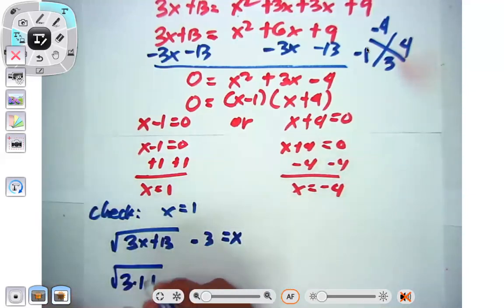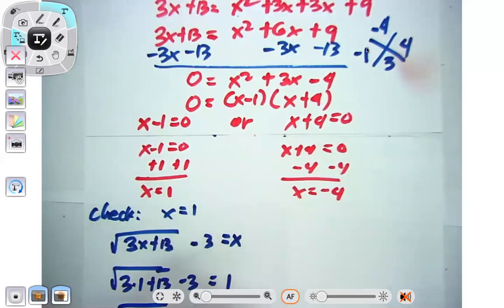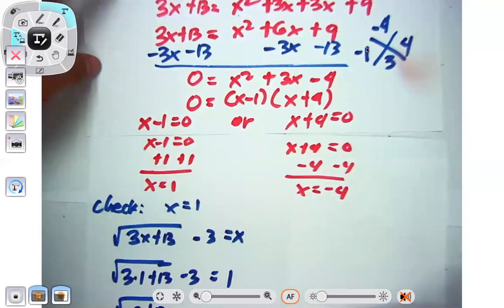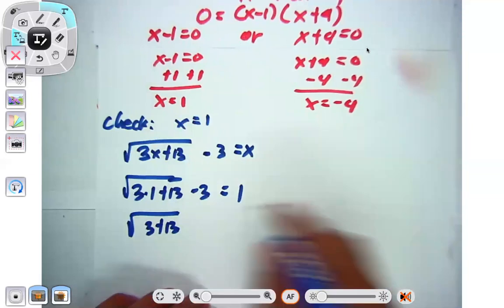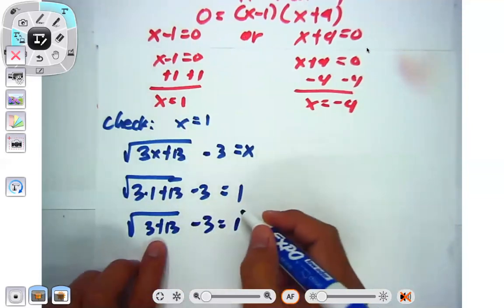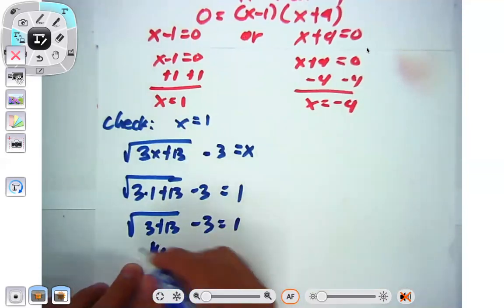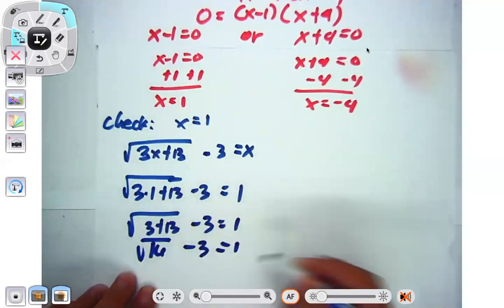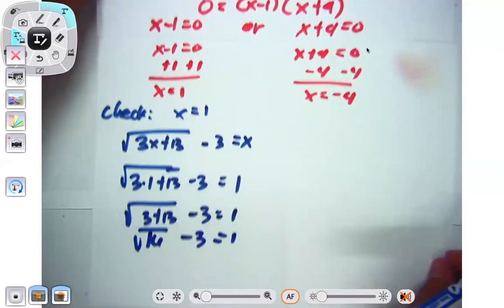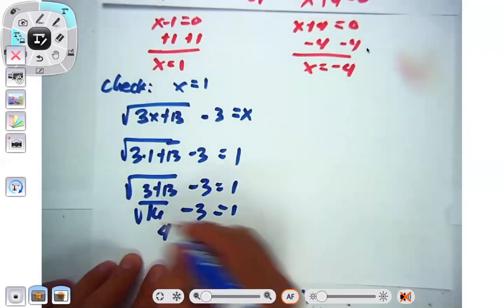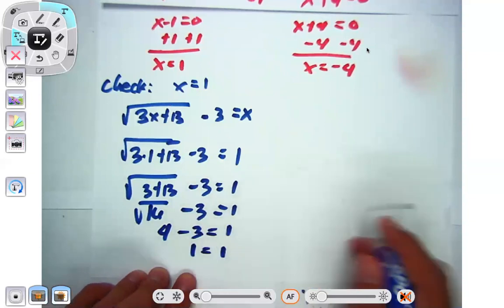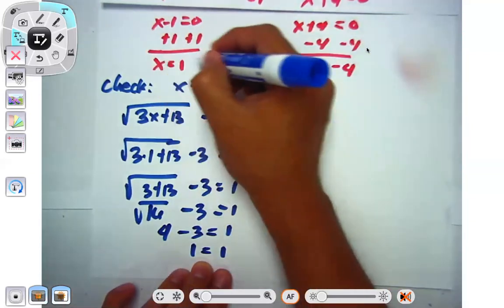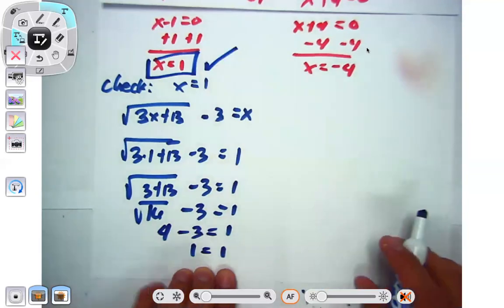The square root of 3 times 1 plus 13, minus 3, equals 1. 3 times 1, you have 3, plus 13, and that's equal to 16, right? Square root of 16 is going to be 4. 4 minus 3, 1. So 1 is equal to 1. Therefore, this one is a solution.